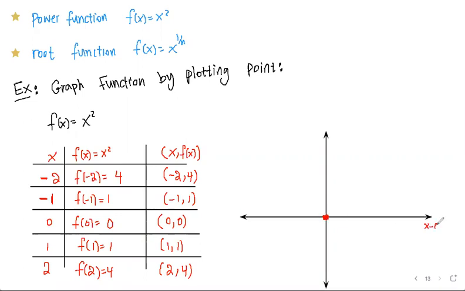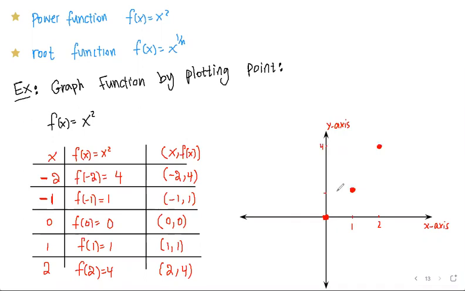This is the 0, 0, and 1, 1. So this is my 1, and here is 1. 2 and 4. So this is 2, and 4 is around here.